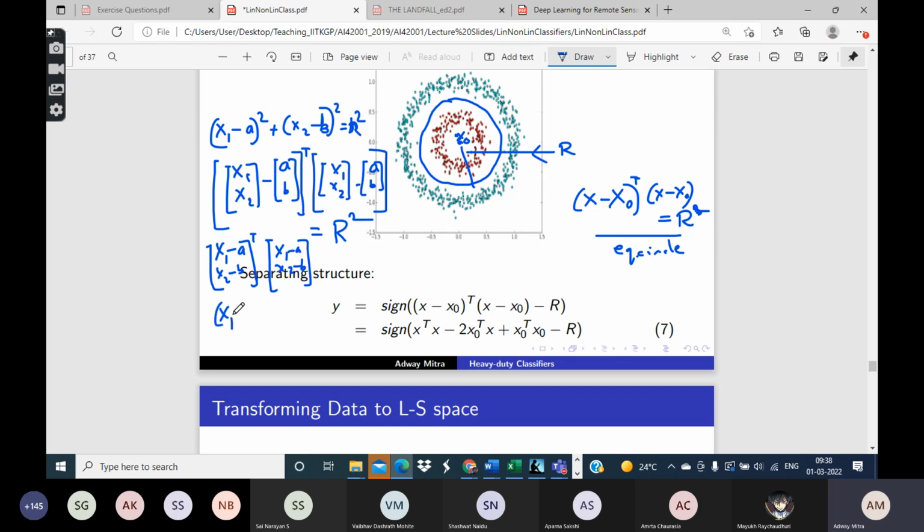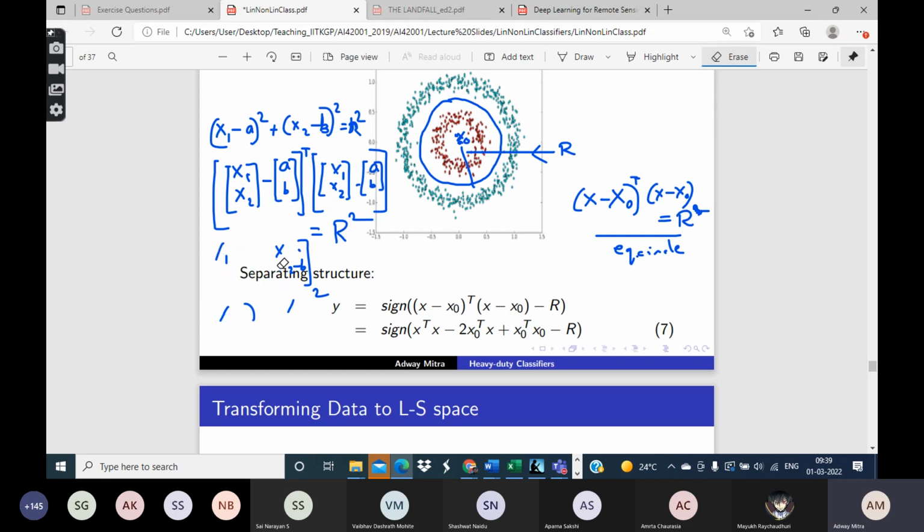You will get x1 minus a whole square plus x2 minus b whole square, which is exactly what you have got here. So this x denotes any point in the space, and x naught is the center, the central vector. This is the equation of the circle.